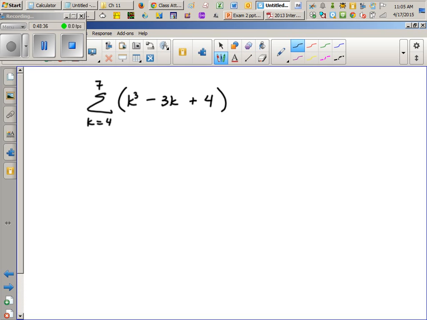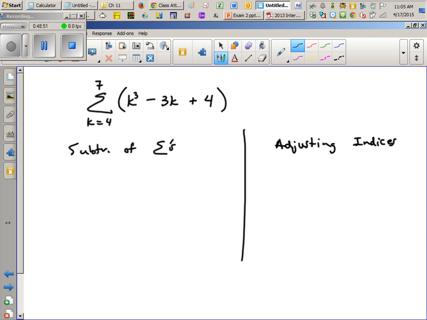Try it both ways. I want subtraction of sigmas, and I want adjusting indices. Try it both ways. Of course, you should get the exact same answer both times. And I'll put the answer on here just so you know you're doing it right. Your answer should come out to 698.